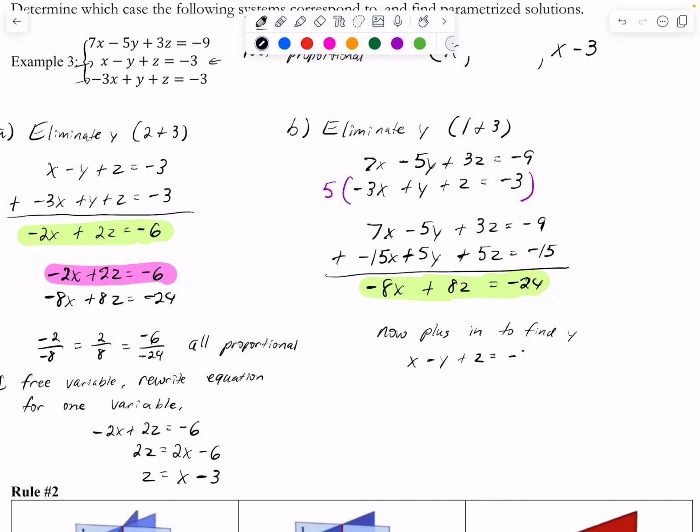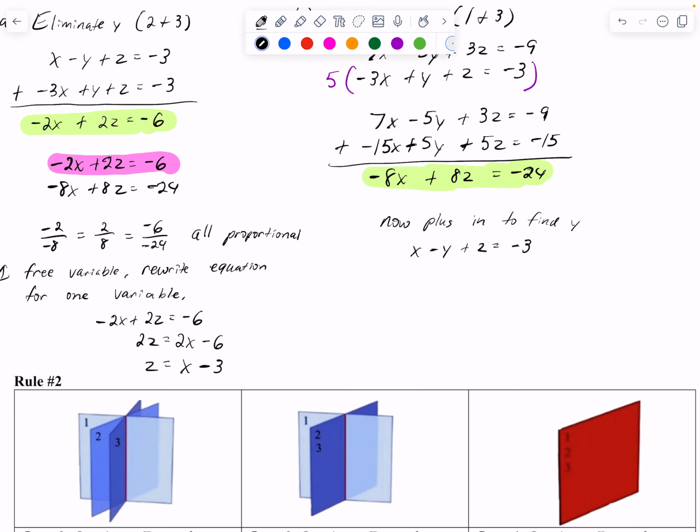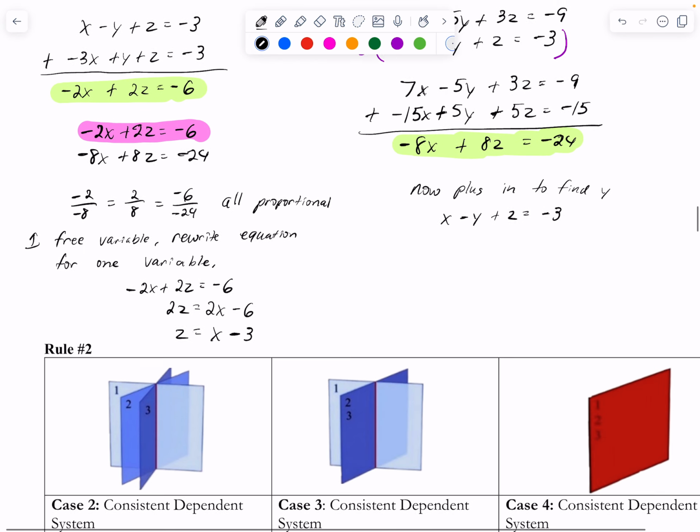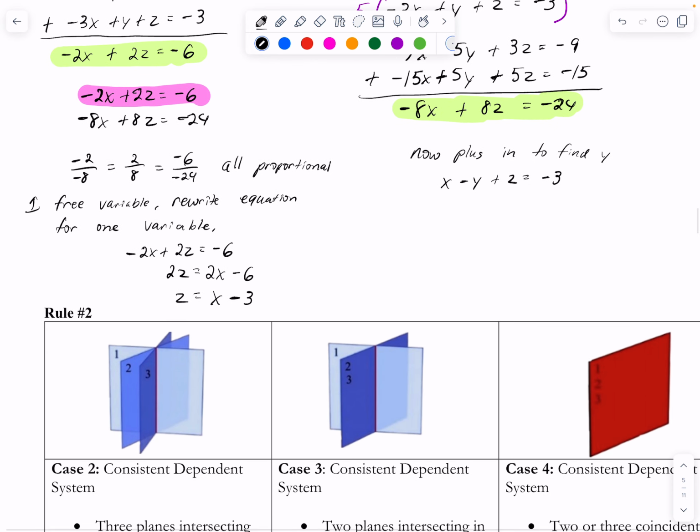You might be wondering, Mr. Vander, why did you choose that? I try to choose ones that don't have a lot going on with coefficients when I do this. It'll make the simplifying a little easier. All right, so we have the x, we have the y we're going to be solving for, but we know z is now x minus 3. So I replace z with x minus 3, we just found that.